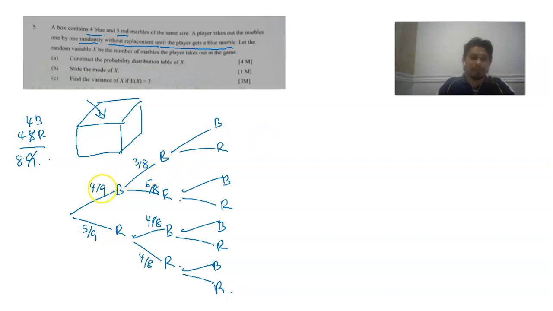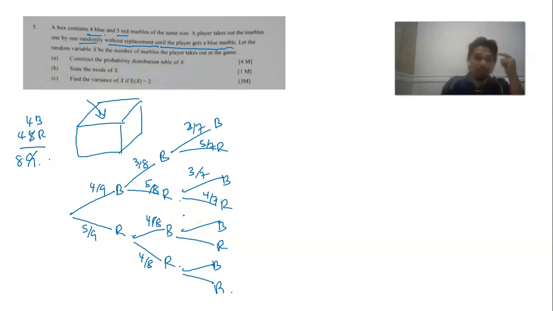So 4 over 9, 3 over 8, and then 2 over 7. And here is 5 over 7, or 4 blue, 1 red, and from 9, 8 it becomes 7 here, 4, 3, and here is 4 over 7. You just need to imagine it.